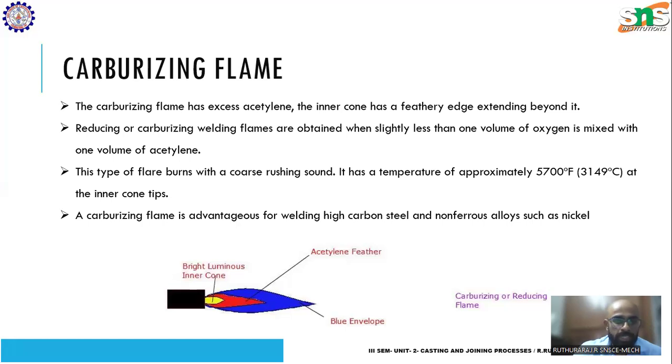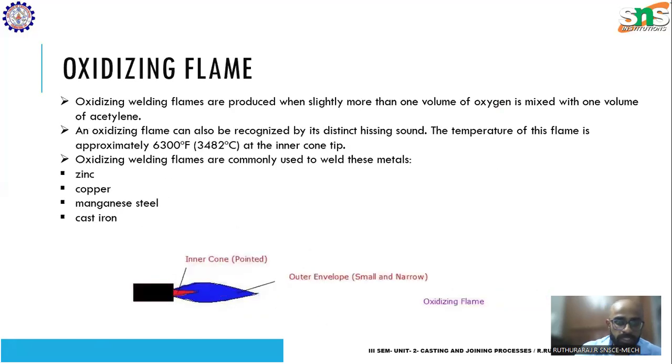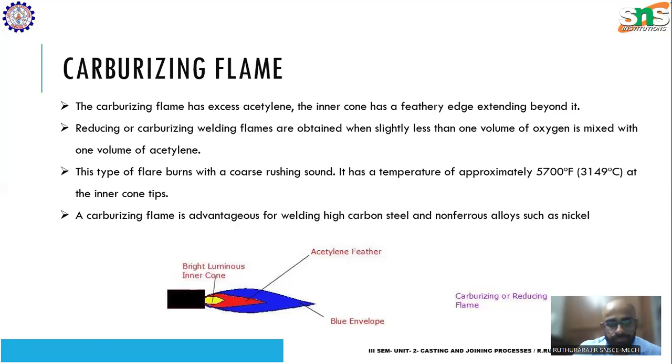The purpose of this carburizing flame is that when you weld using this flame, excess carbon will be generated. That carbon will get deposited on the surface of the metal being welded, and hence you can weld high carbon steel as well as non-ferrous alloys such as nickel using this flame.